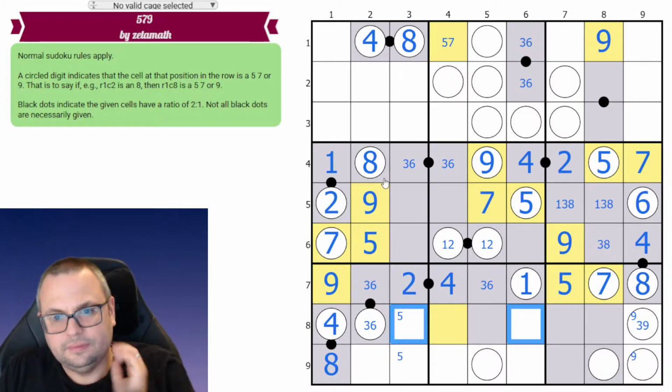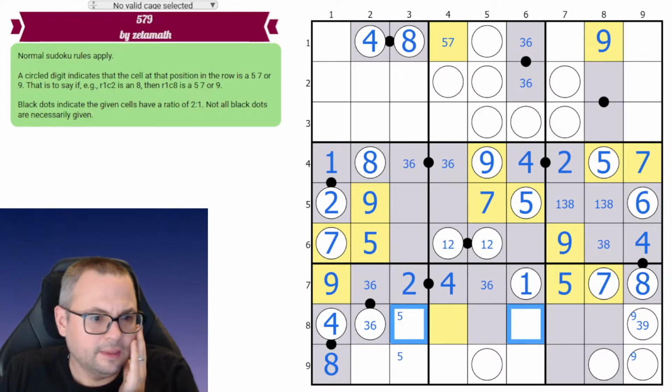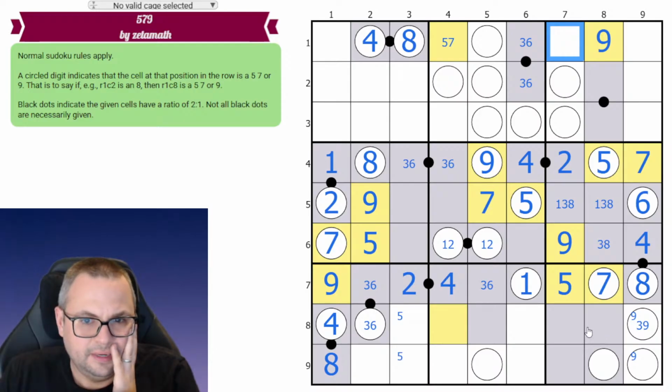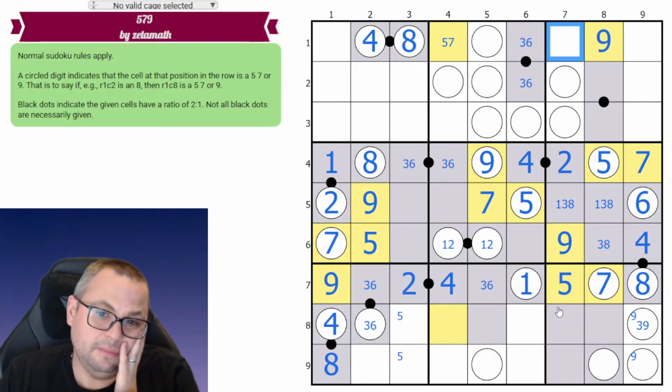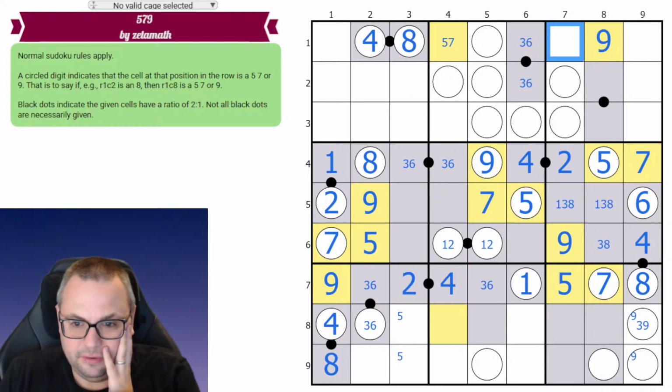Let's see. Paul Fly says this can't be yellow because it would be a 7 in the 7th spot. And that is no good.